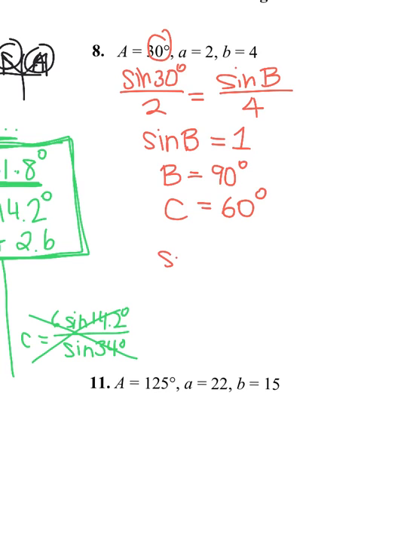And setting up my law of sines again, I get sine of 30 degrees over 2 is equal to sine of C, which is 60 degrees, over side C. And so I get side C is equal to 3.5.